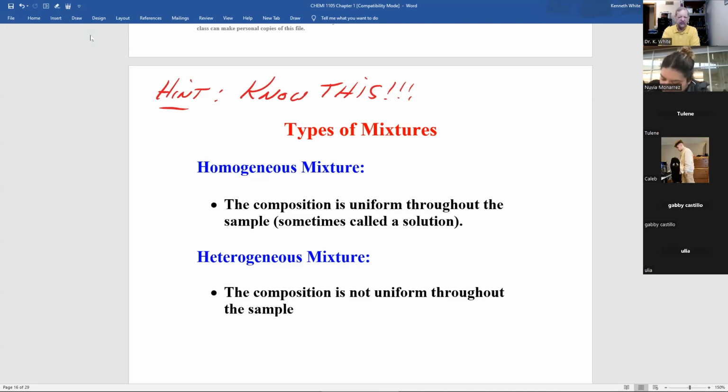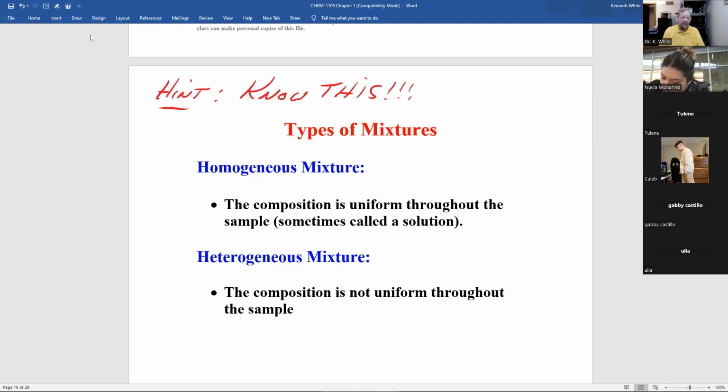Now, homogeneous mixture is uniform throughout the sample. And later in the semester, I'll teach you that's called a solution. That means it's the same throughout. If I had a bottle of a mixture, if I sample it here, here, or here, it's the same mixture. And that's called homogeneous, homo meaning the same.